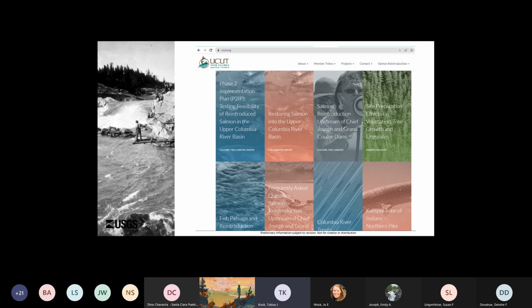Fish passage and reintroduction. 6. Frequently asked questions: salmon reintroduction upstream of Chief Joseph and Grand Coulee. 7. Columbia River Treaty. And 8. Kalispell Tribe of Indians, Northern Pike. I highly encourage you after the talk to visit this site and see some of the information that's there.